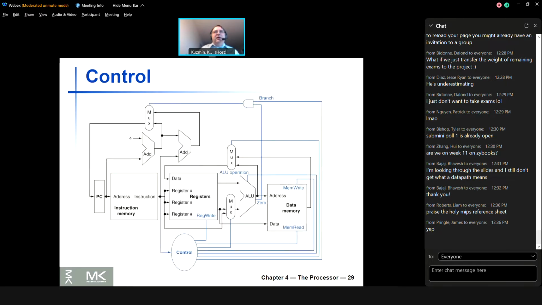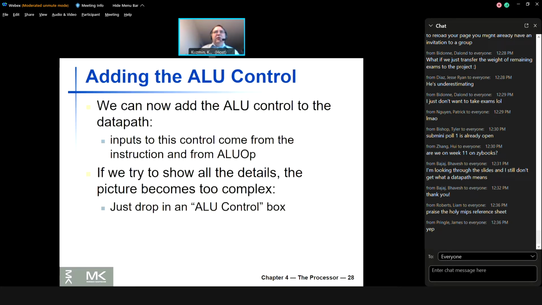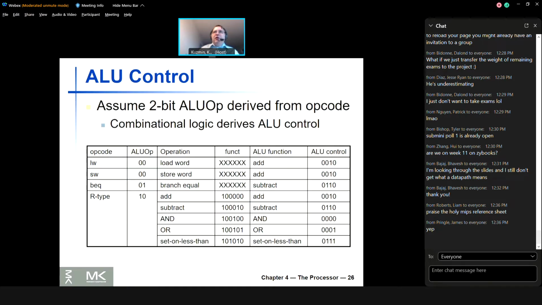All right, and so these control signals for the ALU will be just generated by some combinational logic. It's not a sequential circuit; it's just combinational logic, as we can see from this slide.